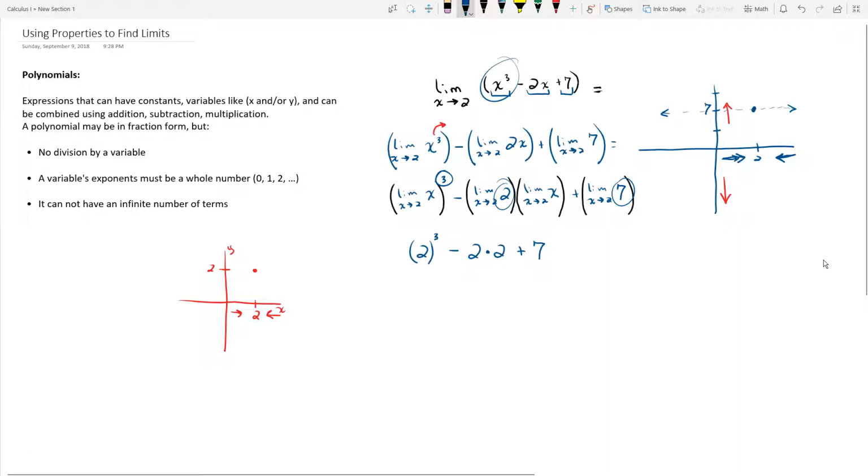So this essentially is our limit, and I'll write this a little bit better for you.